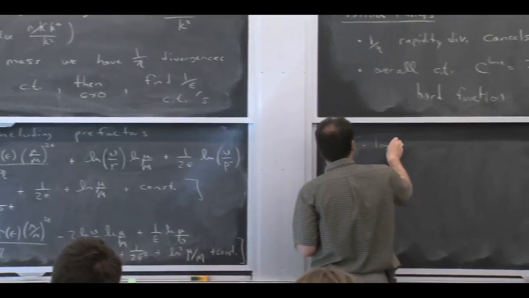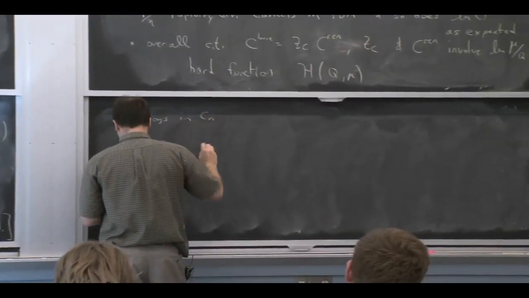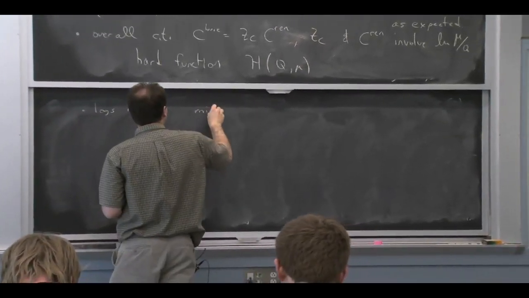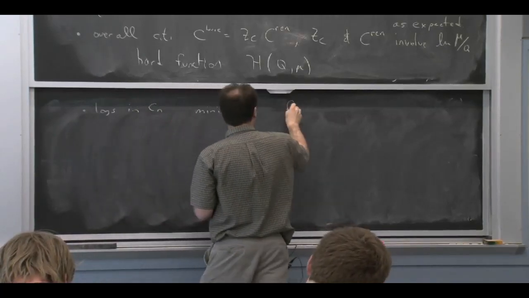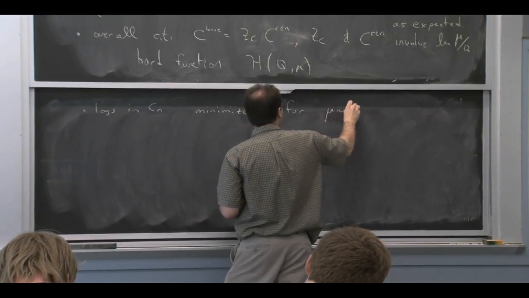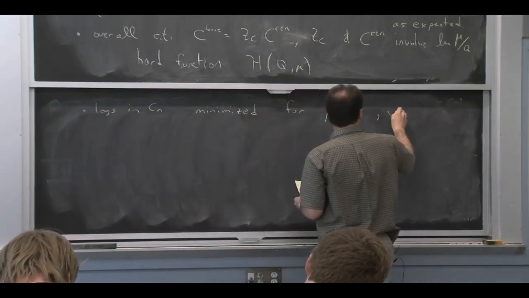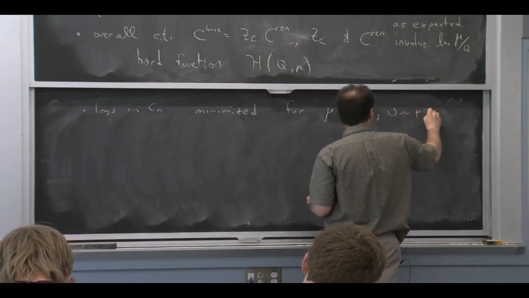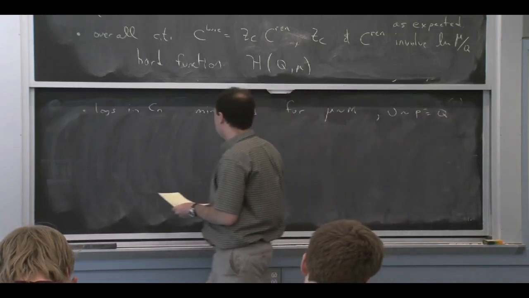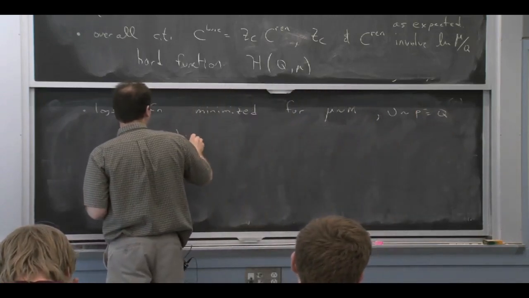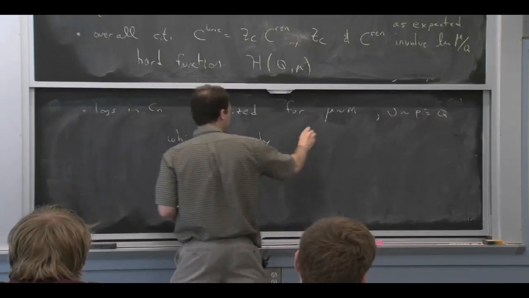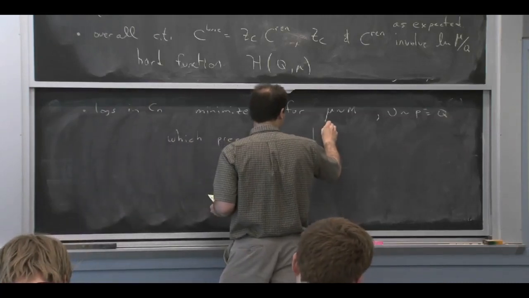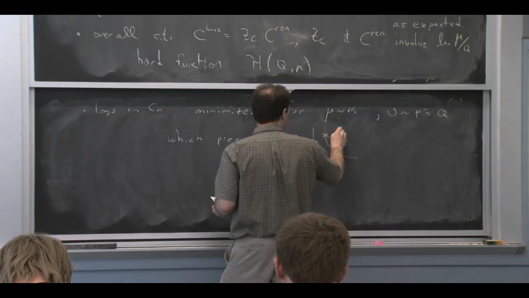So the logs in Cn are minimized for mu of order m, which says being on the hyperbola, but then nu should be of order p minus, which is q. And that's precisely where we put the x in our picture, if you think about it.